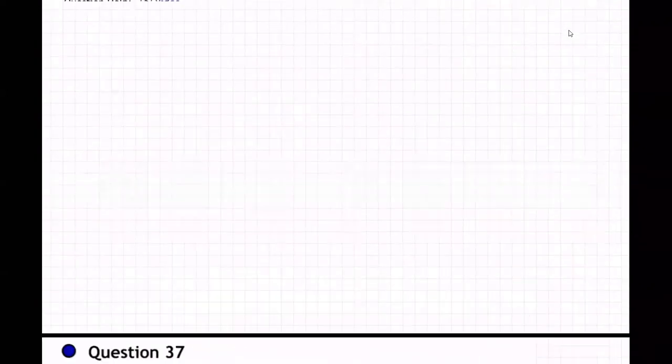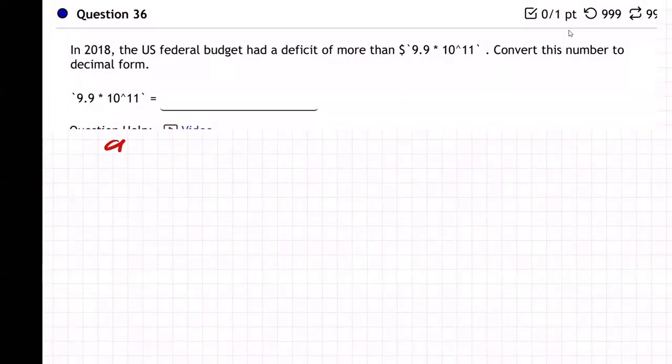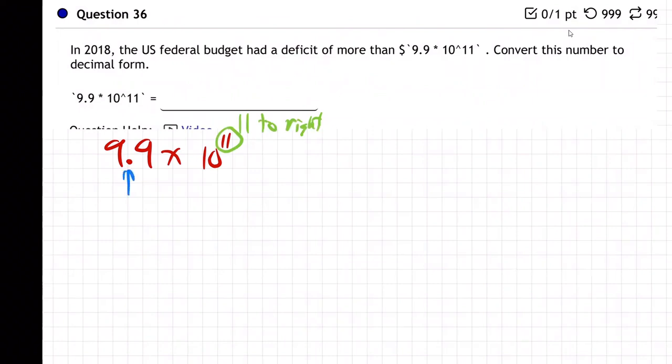So now let me do one more. This one will be a little bit easier. So on this one, we have 9.9 times, again, that asterisk says times, 10 to the 11th power. So again, what is that power telling the decimal to do? 11 to the right. That's a positive power now. So he's going to say, all right, decimal, you right here, you 9.9 decimal, you're going to go 11 spots, right?